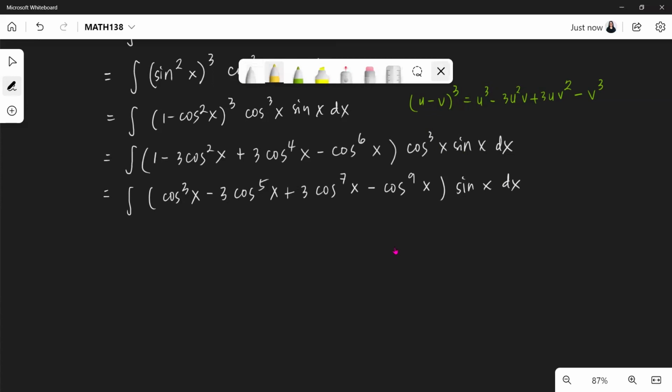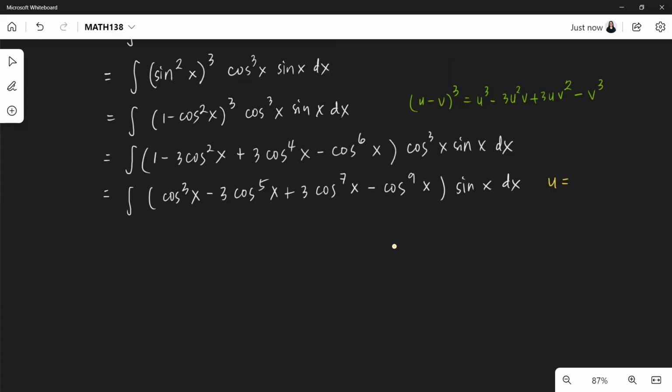We can now let u be equal to cosine x. So du is negative sine x dx.